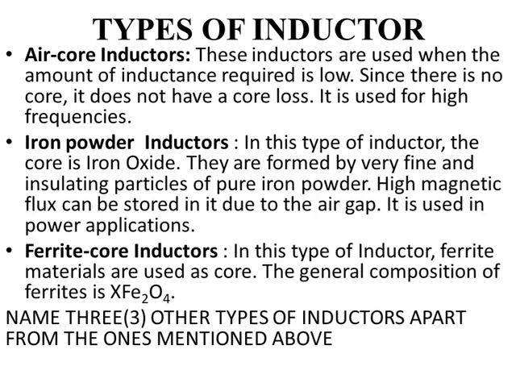The second one is iron powder inductors. Now in this type of inductor, the core is iron oxide. They are formed by very fine and insulating particles of pure iron powder, and the iron powder we are talking about here is the iron oxide.